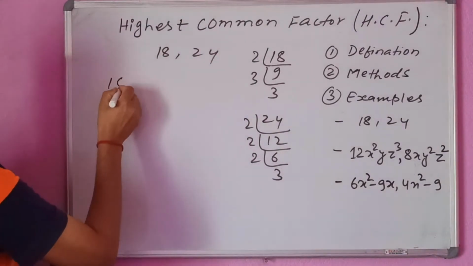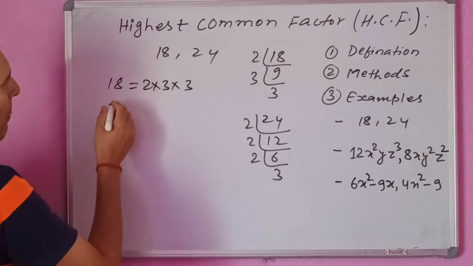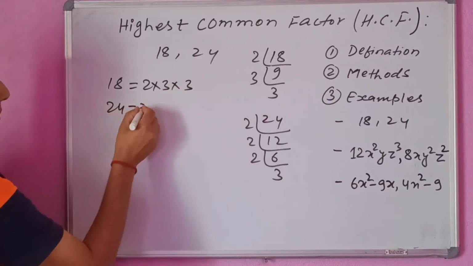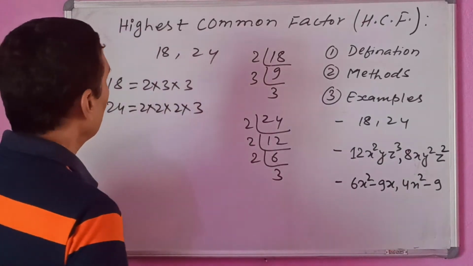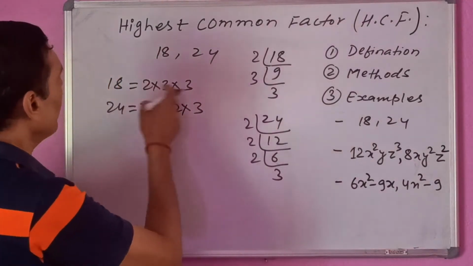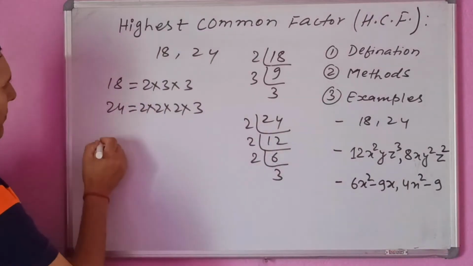So 18 is equal to 2 times 3 times 3, and 24 is 2 into 2 into 2 into 3. So what are the common factors here between the prime factors of 18 and 24?